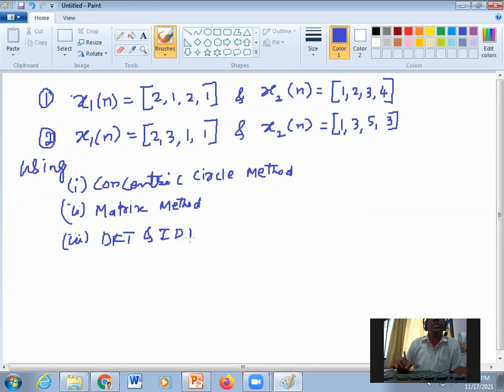So you have to solve these two questions using all the methods so that we can understand how to find a circular convolution using the DFT and IDFT method.